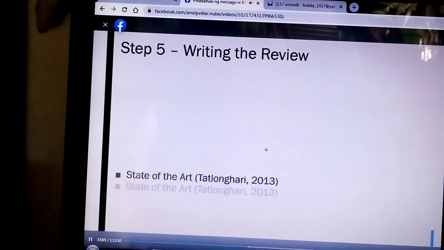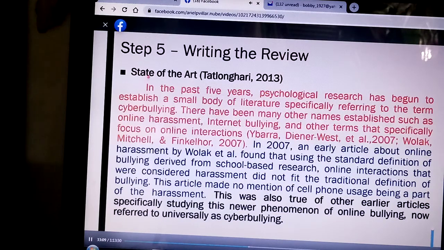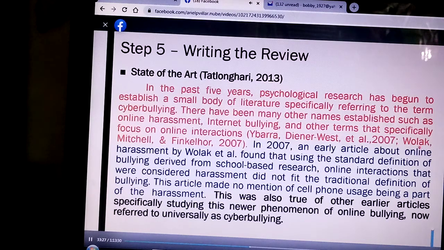The next style in writing the review of related literature is yung tinatawag nating state-of-the-art, according to Dr. Melchor Tatlonghari, which means that in one paragraph, marami siyang pinanggalingan na sources. For example, this one in red is from Ibarra Diner West et al. Okay, naghati pa sila. Galing dito kay Wallach, Mitchell, and Pilkenhorn in 2007.